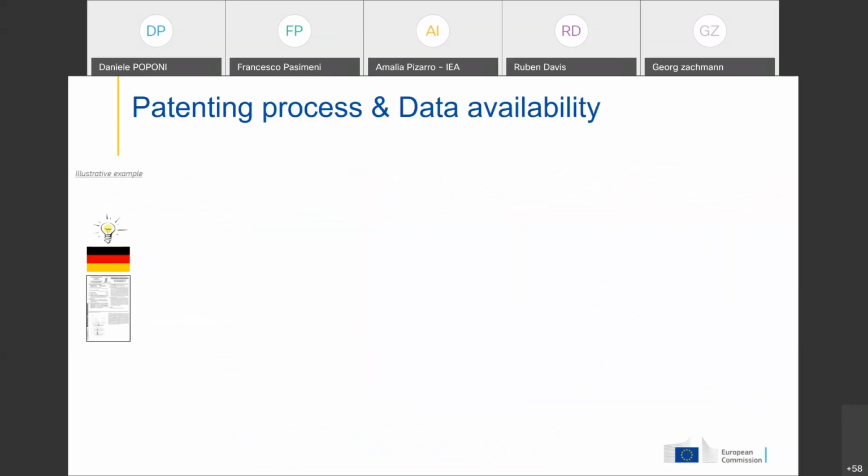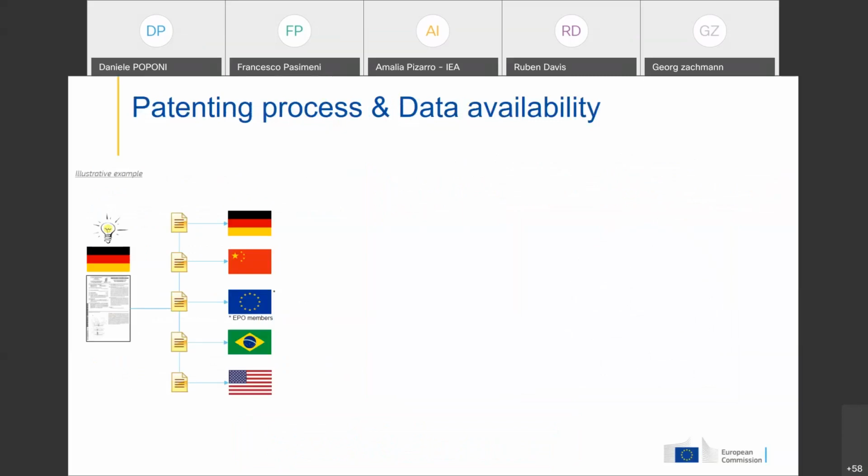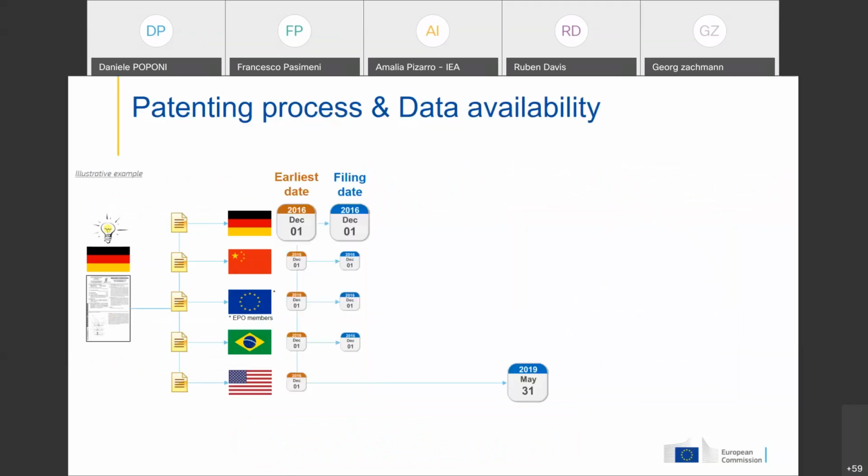I'll give an example of how the patenting process works and what data are available. Let's take an invention produced by a German firm that produces different patent applications in different countries in order to protect the invention in these markets. Each patent application is filed at a certain date, and all of these applications share the same earliest date, which is the date of the first filing among these applications.